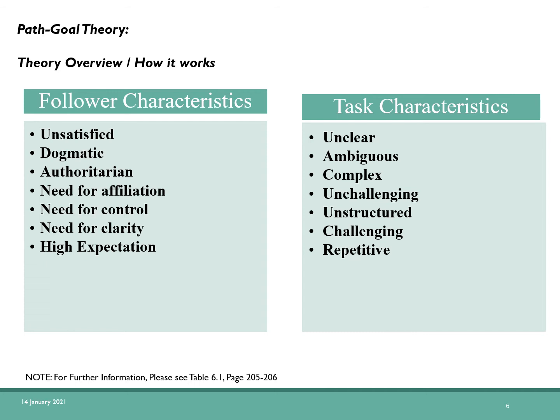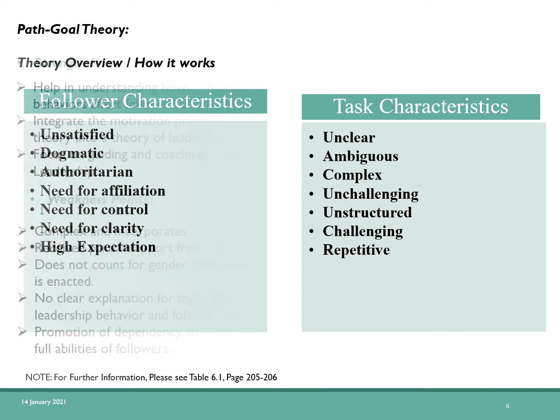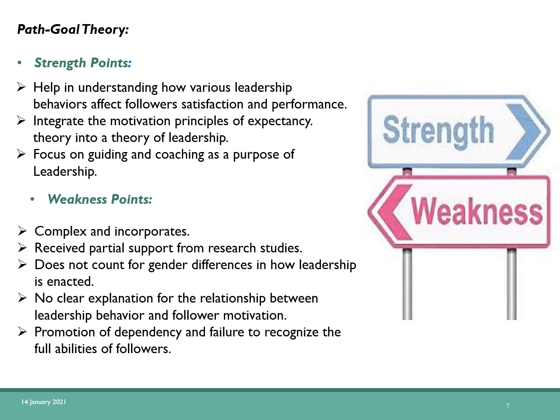For instance, leaders should be directive when tasks are complex, participative when followers need control, and achievement-oriented when followers need to excel. In a general way, path-goal theory offers leaders a roadmap that gives directions about ways to improve follower satisfaction and performance.